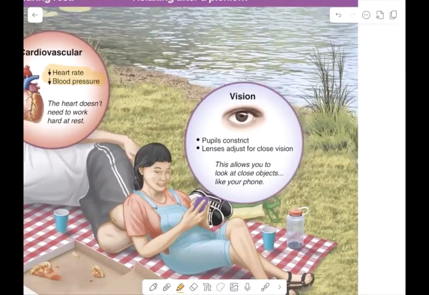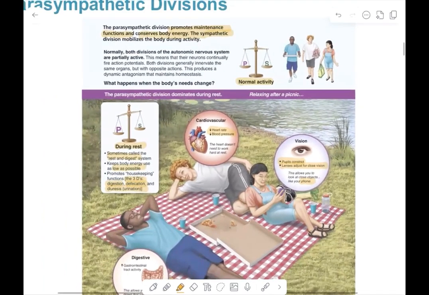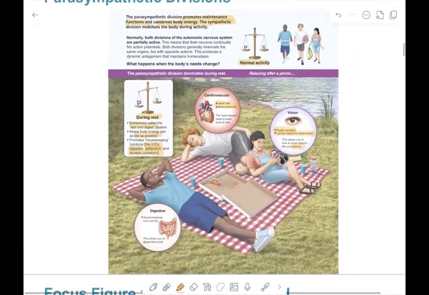And for the vision, the pupils constrict, the lungs adjust for close vision. So she's looking at her cell phone here, relaxing activity. So any of those D activities would be the parasympathetic division. You can also see down here that there's increased gastrointestinal tract activity.